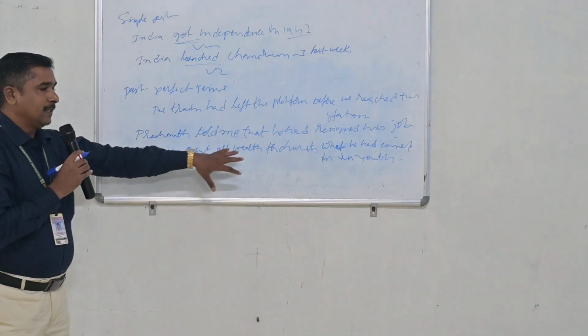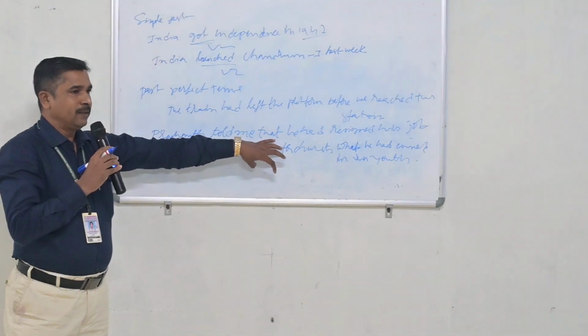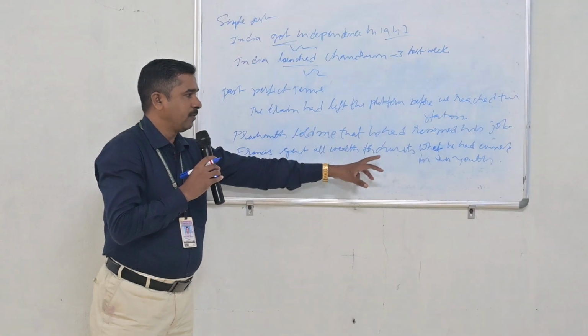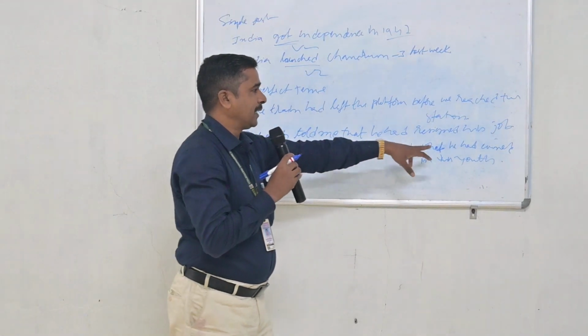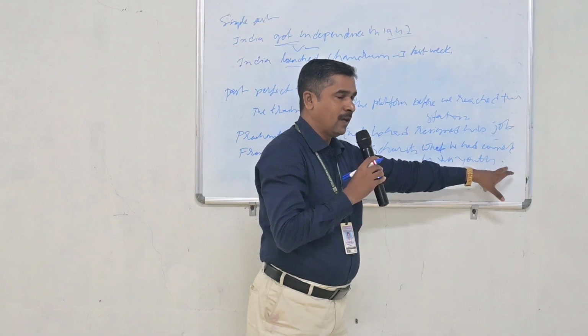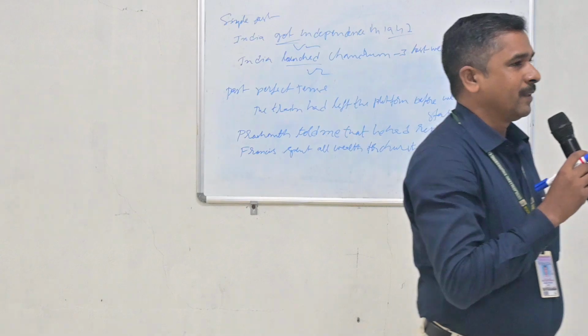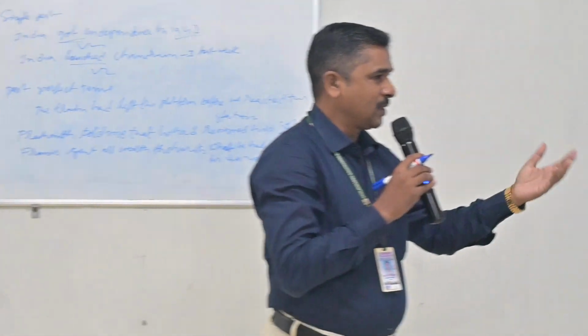Prashant, in the sentence, how many actions do we have? Francis spent all his wealth for charity, what he had earned in his youth. When did he earn money? After donating money to charity or in his youth?